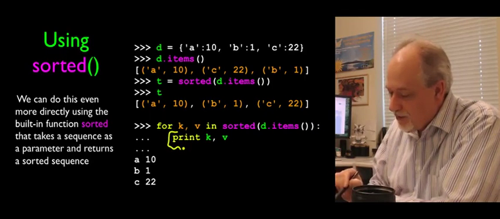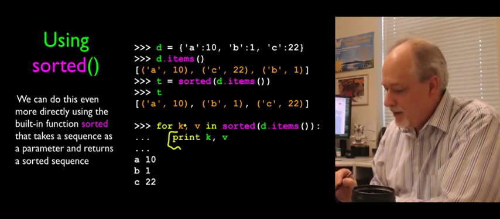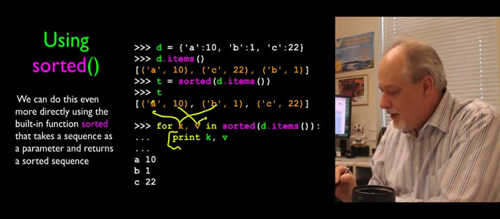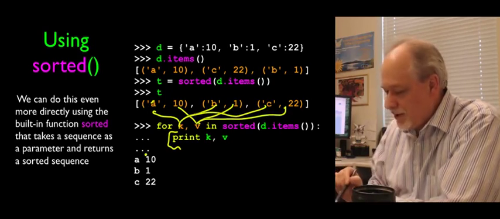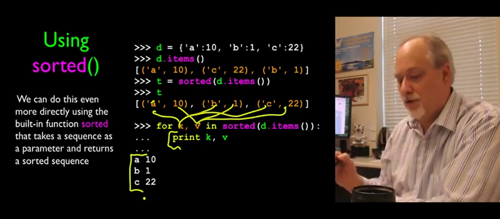So this is now going to first sort the key-value pairs by key, and then k, v is going to run through them. So k is going to be A, v is going to be 10, then k is going to be B, v is going to be 1, k is going to be C, v is going to be 22. So now we've printed these things out in alphabetical key order.